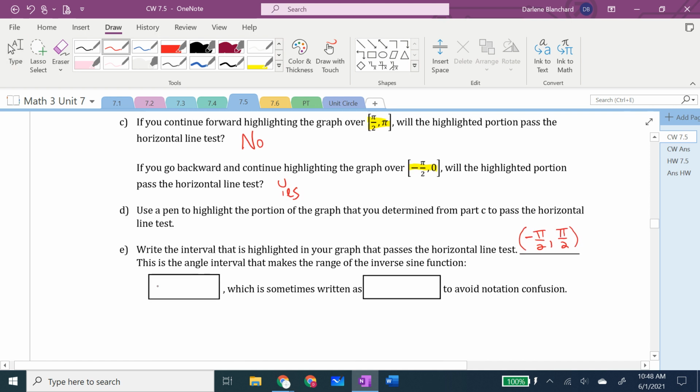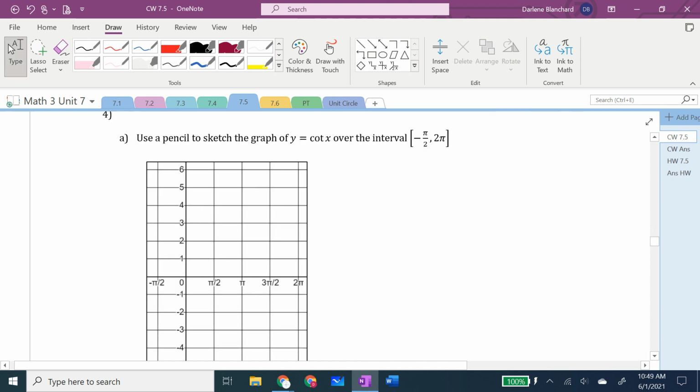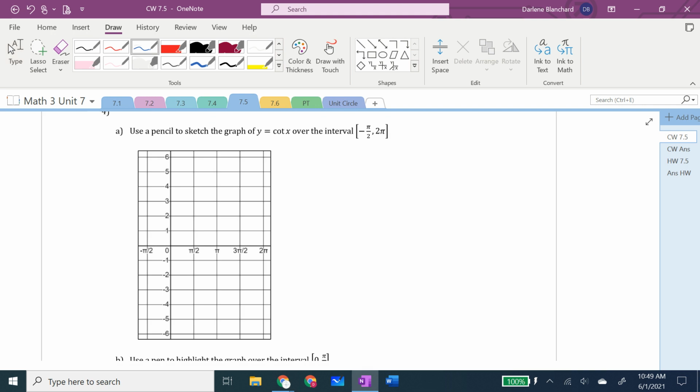And then real quick, for tangent, we write inverse tangent that way, or we write it arctangent x to avoid that notation confusion. Okay, 3 graphs to go in 1 minute. Well, cotangent.